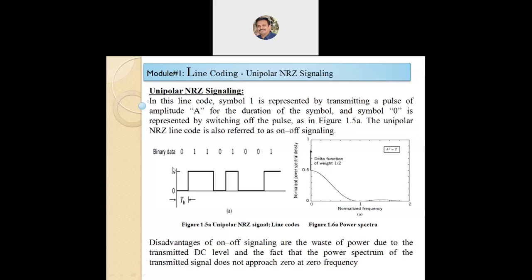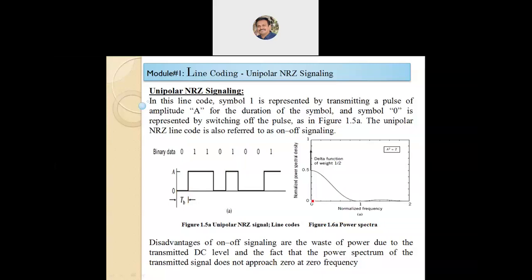You can observe here the binary bit 0 is represented as amplitude 0 for the duration of the pulse width, that is T_B, and all ones are represented by a signal of amplitude A. The disadvantage of on-off signaling, that is unipolar NRZ signaling, is the waste of power due to the transmitted DC level, and the fact that the power spectrum, shown in figure 1.6a, of the transmitted signal does not approach 0 at 0 frequency.